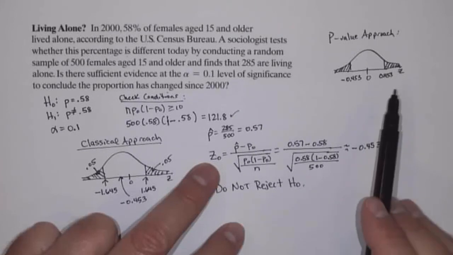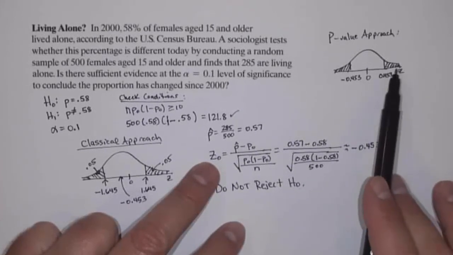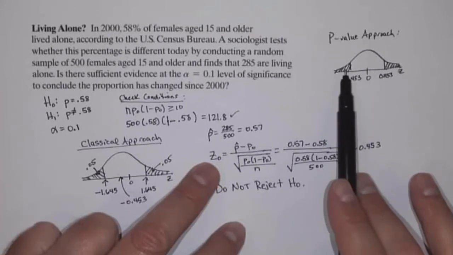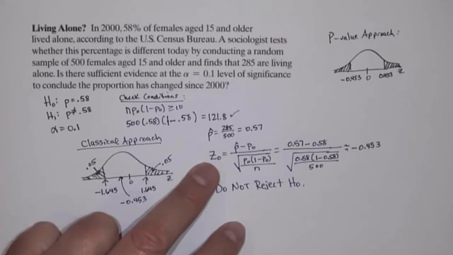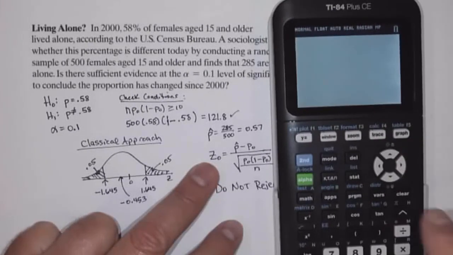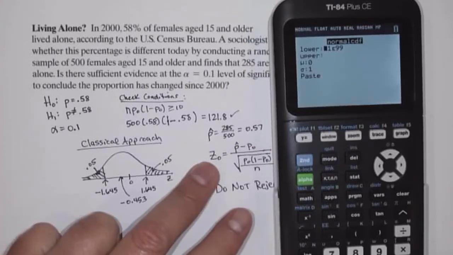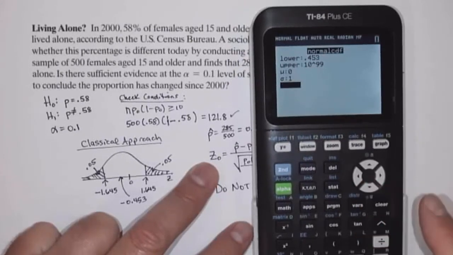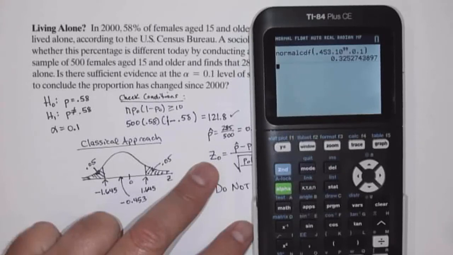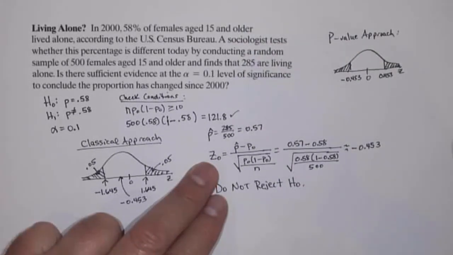Well, how do I find those areas? For example, I could find this area to the right of 0.453, and then the area to the left of negative 0.453 is going to be the same thing by symmetry, and so I can use that to figure out what the p-value is. So I'm going to use my normal CDF command, although I could use the standard normal distribution or I could use the normal calculator in StatCrunch just as well. So again, my value is 0.453 to a big positive number, and so that is 0.3253 approximately.